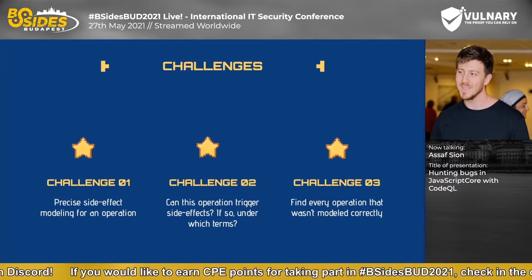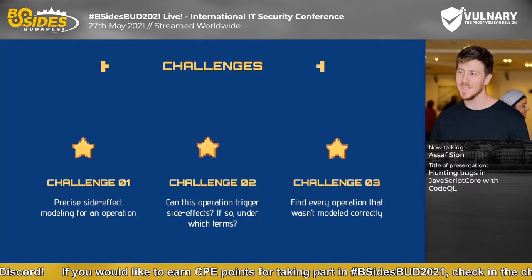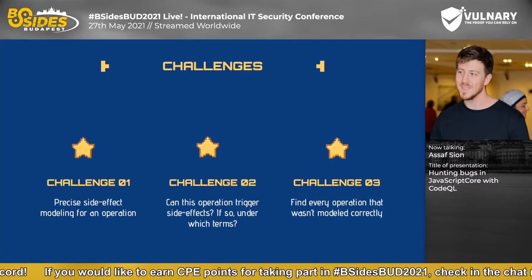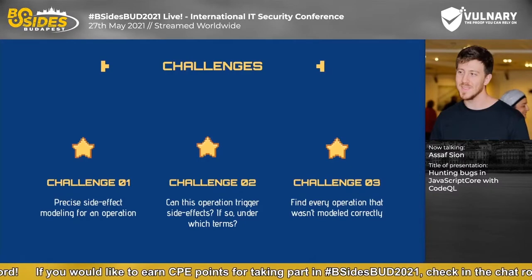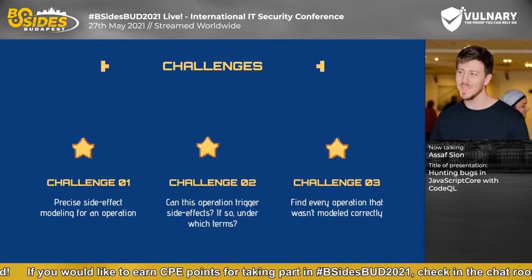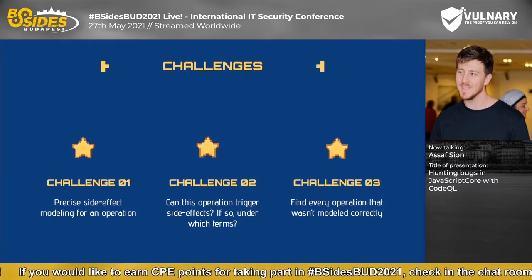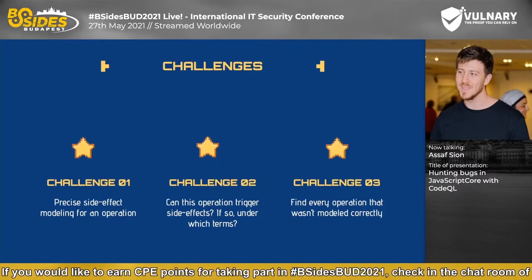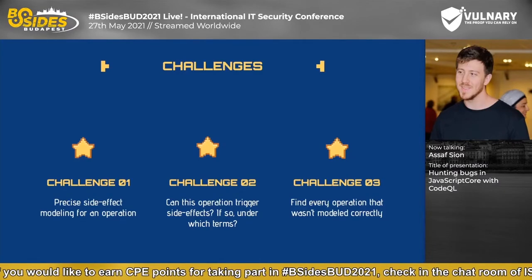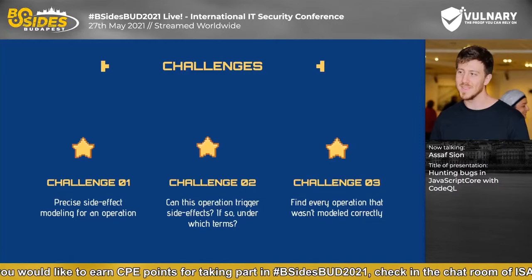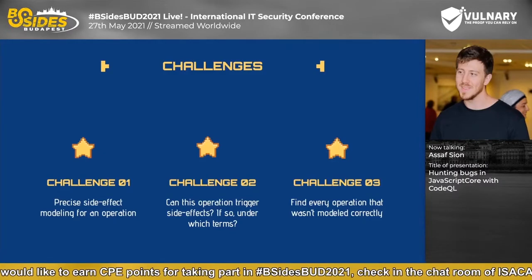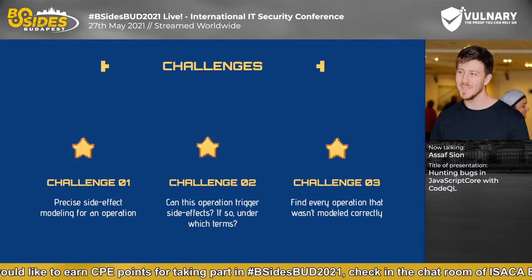There are three major challenges we need to solve in order to make our query useful. At first, we need to model each operation for side effects ourselves using CodeQL. Although this challenge is very interesting to solve, I've decided that we'll not talk about this in this talk due to time constraints, but rest assured that the entire query is available in a public repo, and I added a link to that repo at the end of the slides.